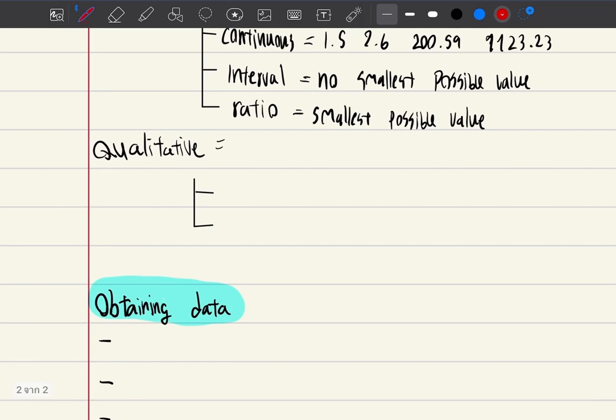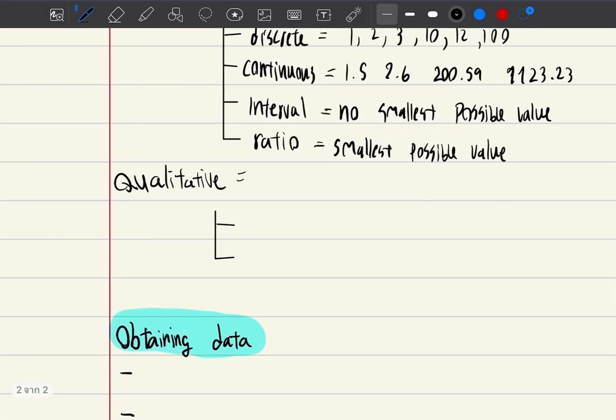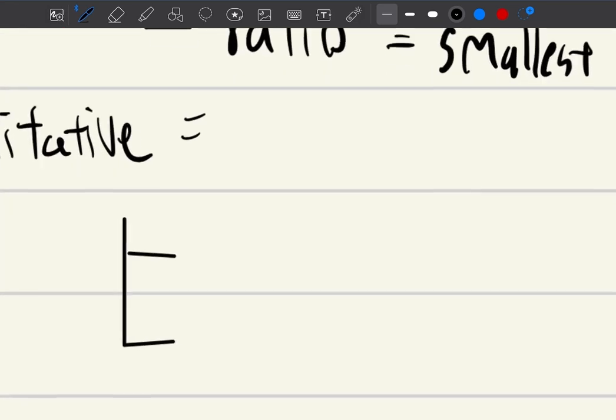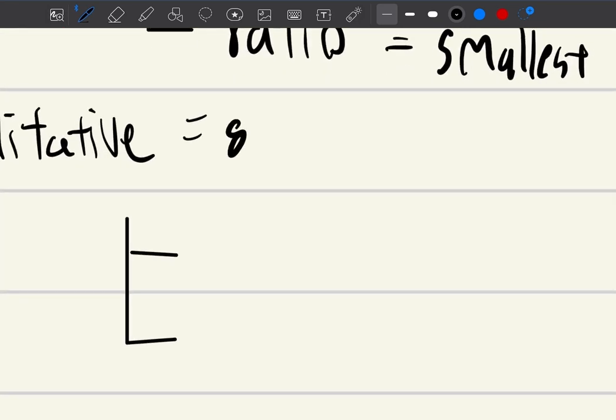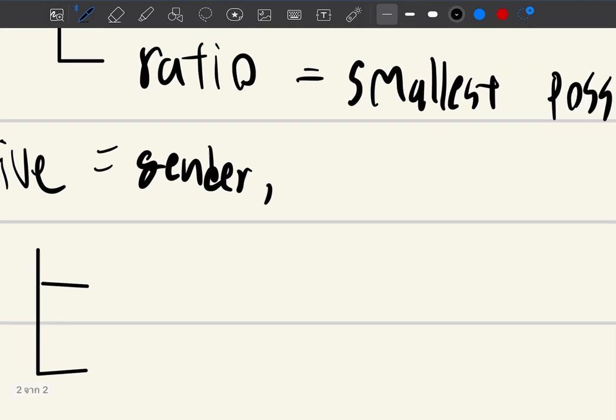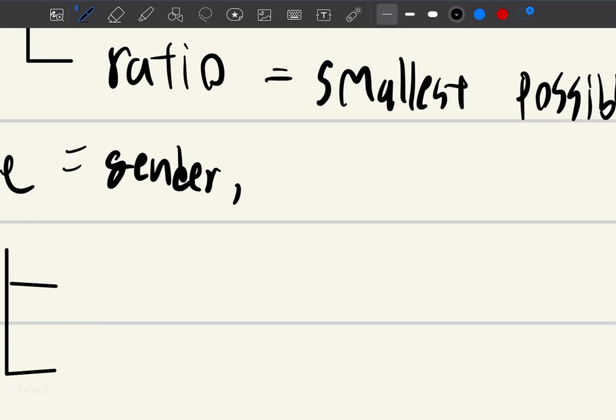But qualitative data is something that you cannot measure on a numerical scale, but you can classify it into categories, such as gender, or size of a cup or shirt: S, M, L, XL.